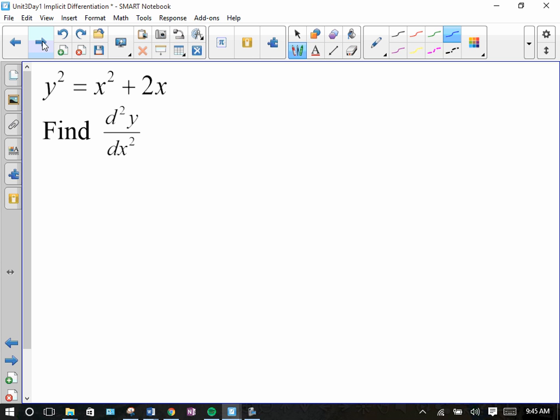Now, the nice thing about this is the y's and x's are already separated. So let's start by finding the first derivative. How do you go about finding the first derivative here?